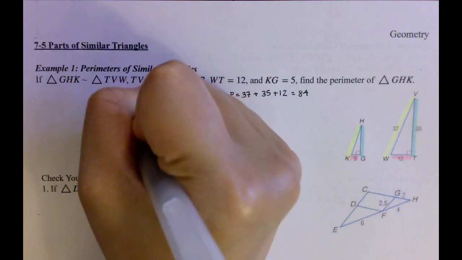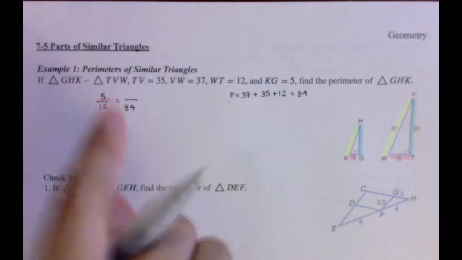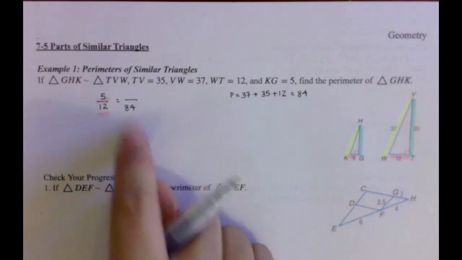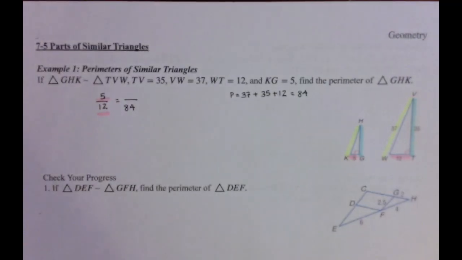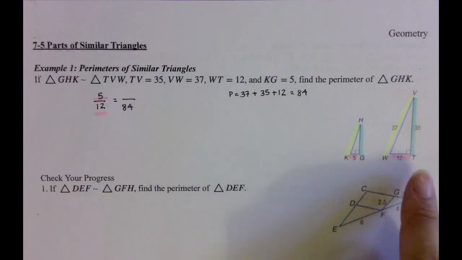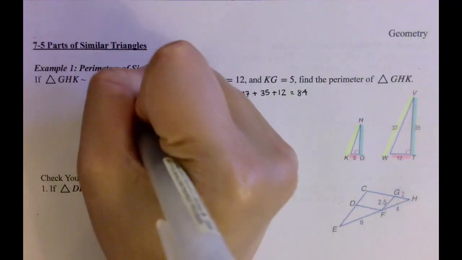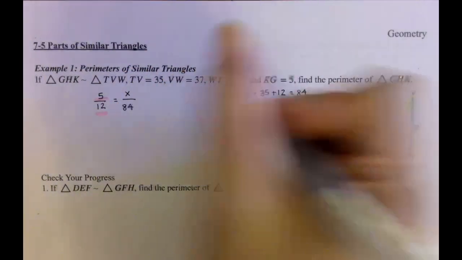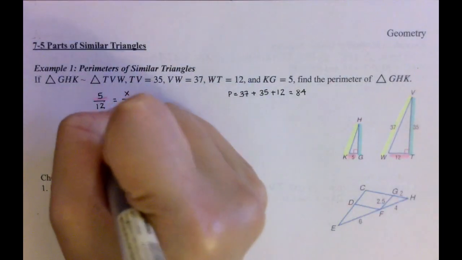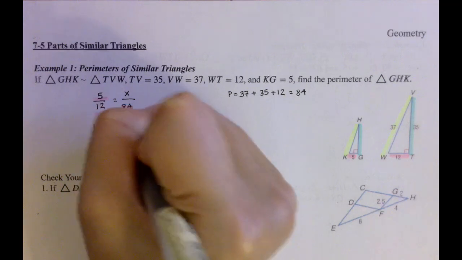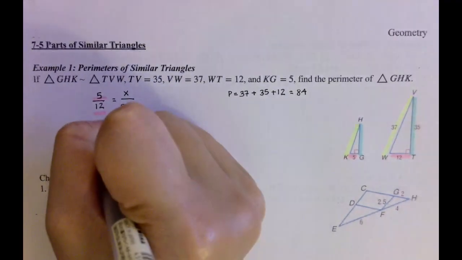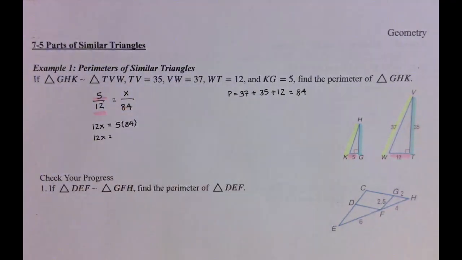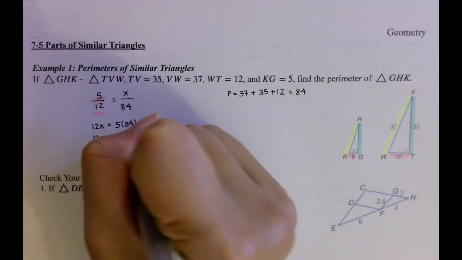And so what we know is that when triangles are similar, the perimeters are proportional to their sides. So if the sides are of a ratio of 5 to 12, the perimeter would be the same thing. So then we don't know the perimeter of GHK, so we're going to solve it. 12 times x equals 5 times 84. 5 times 84 is 420.